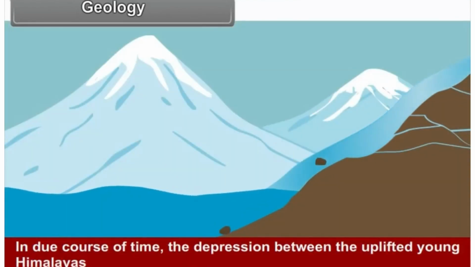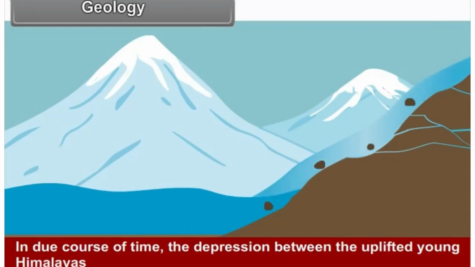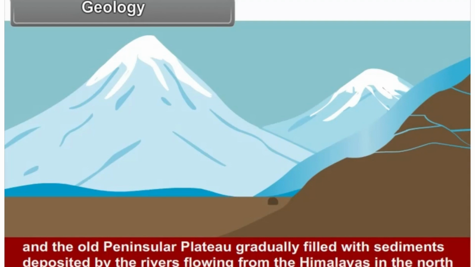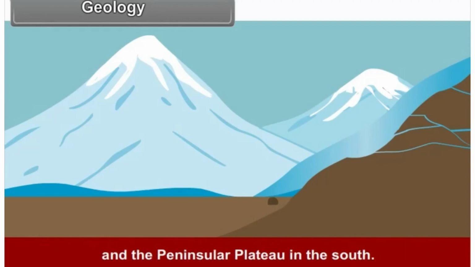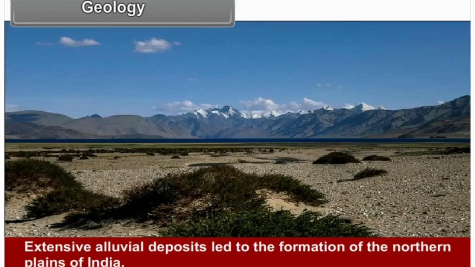In due course of time, the depression between the uplifted young Himalayas and the old Peninsular Plateau gradually filled with sediments deposited by the rivers flowing from the Himalayas in the north and the Peninsular Plateau in the south.